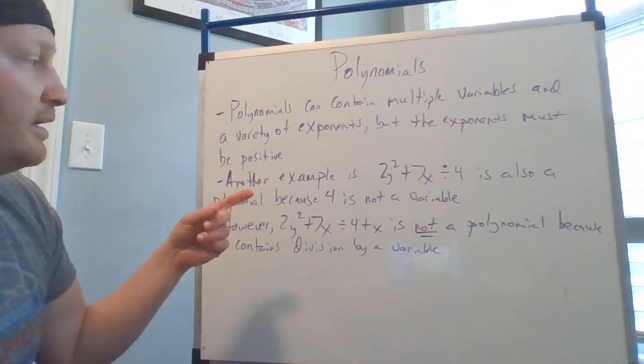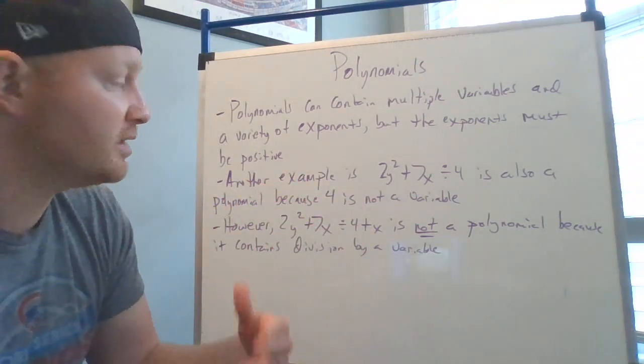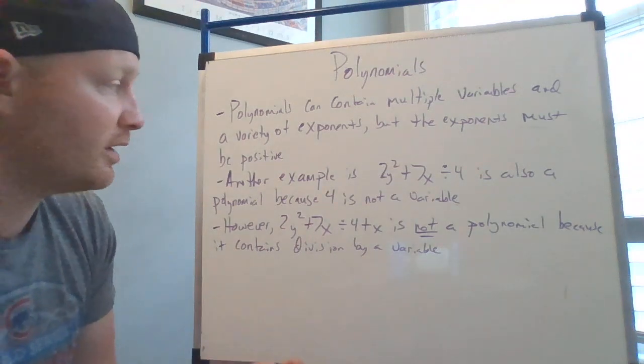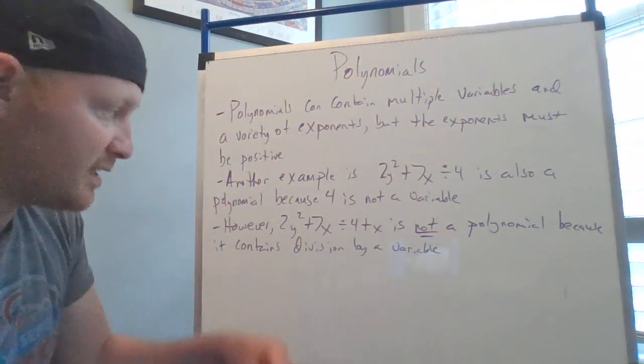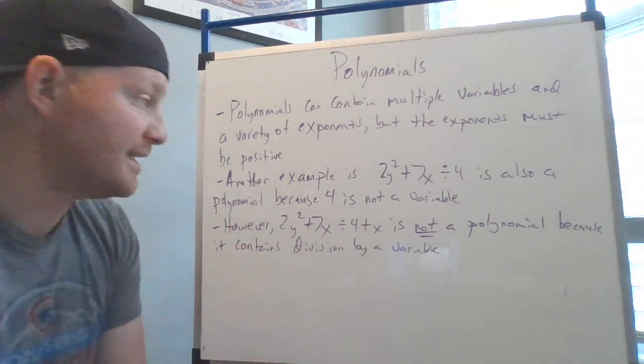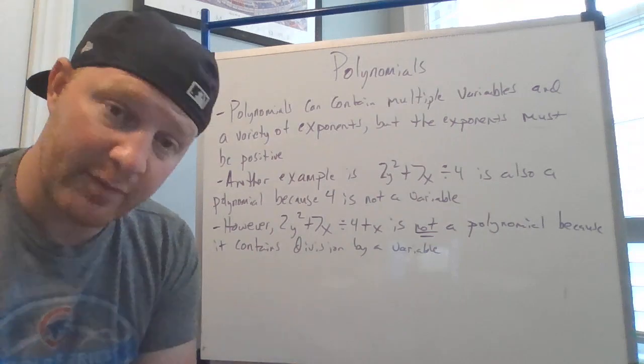Now, another example is, for instance, 2y squared plus 7x divided by 4 is also a polynomial because 4 is not a variable. However, 2y squared plus 7x divided by 4 plus x is not a polynomial because it contains division by a variable.